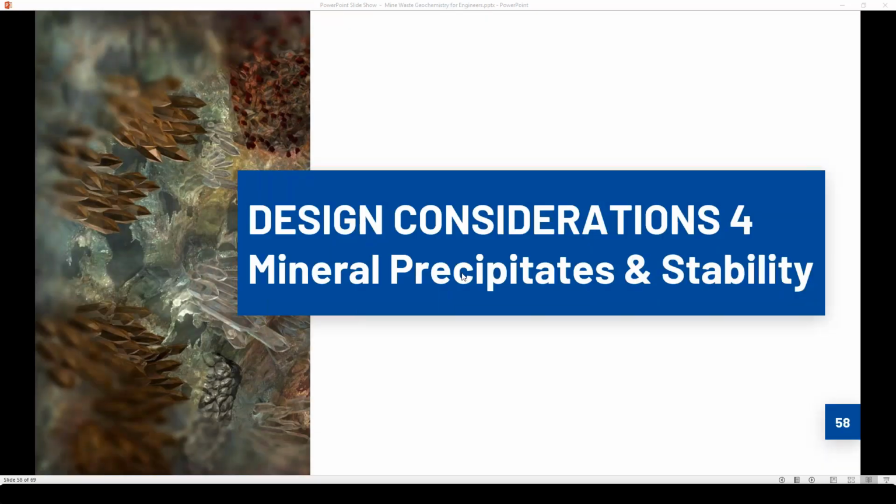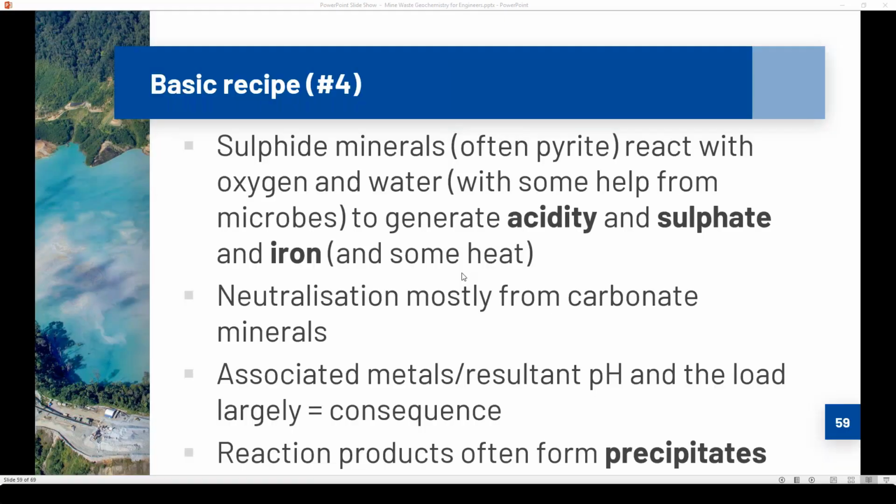So for the final design consideration, let's look at some mineral precipitates and the effects these might have on the stability. So back to our recipe. In this case, we're looking at the sulfide minerals generating both acidity and sulfate, and the reaction products often form precipitates.